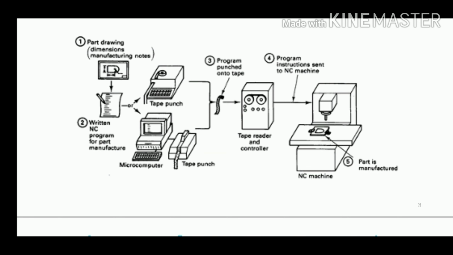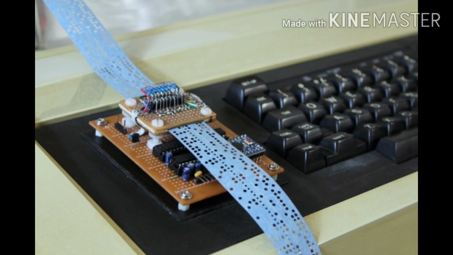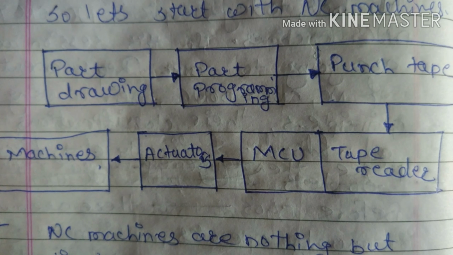After that, the part program is converted into the punch tape by punching holes in rows and columns according to the part program, with the help of a punching machine. This tape is fed to the tape reader of the machine control unit. In the tape reader, the machine decodes the information on the punch tape with the help of optical devices like optical decoders and sends a signal accordingly to the machine control unit.